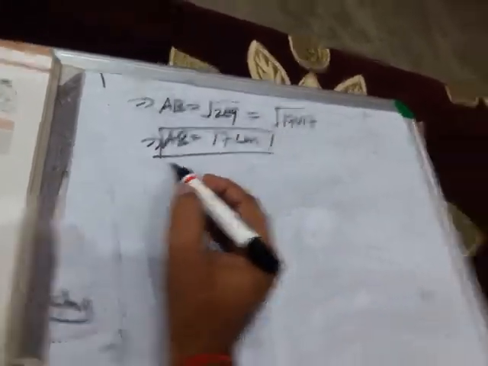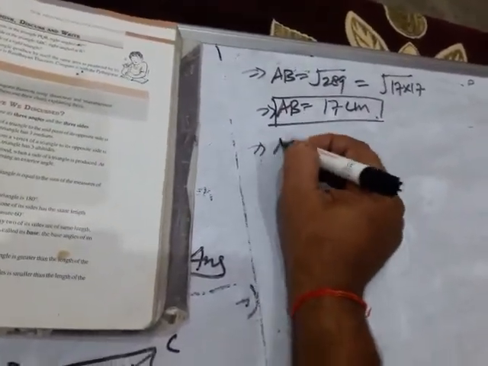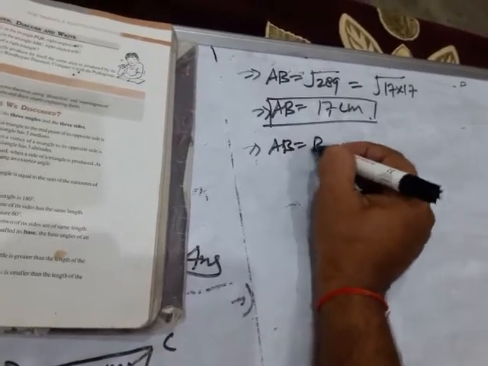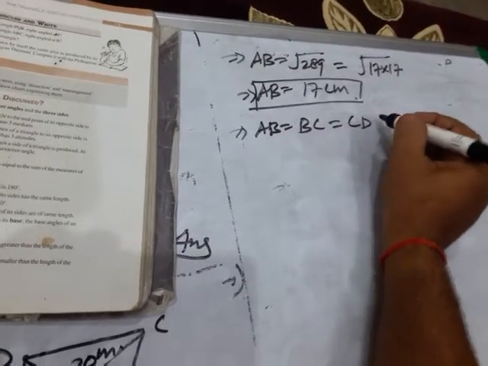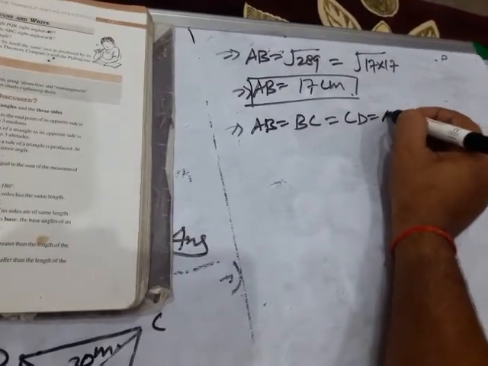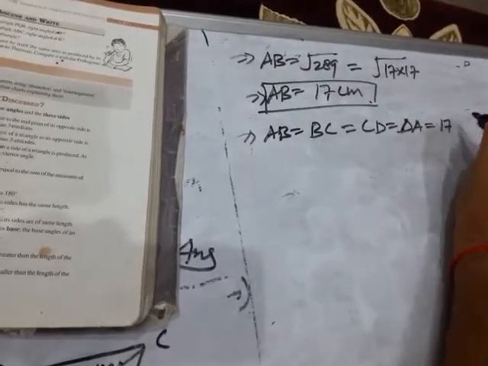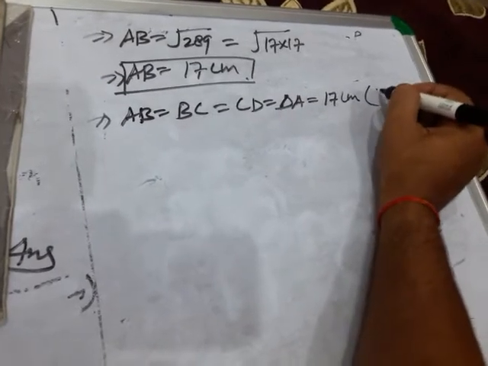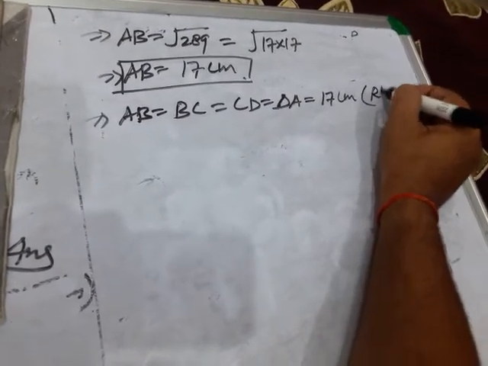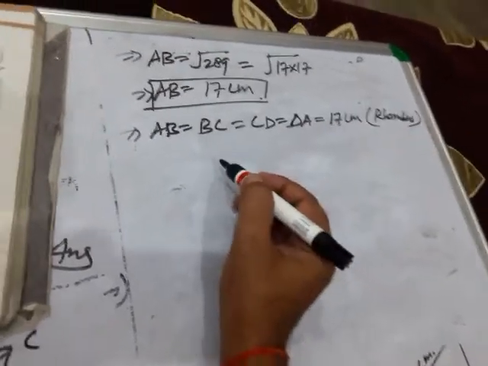Here now we have to find out the perimeter, children. Now AB equal to 17 centimeter. This implies that AB equal to BC equal to CD equal to DA equal to 17 centimeter, as this is a rhombus. All the four sides of a rhombus are equal.